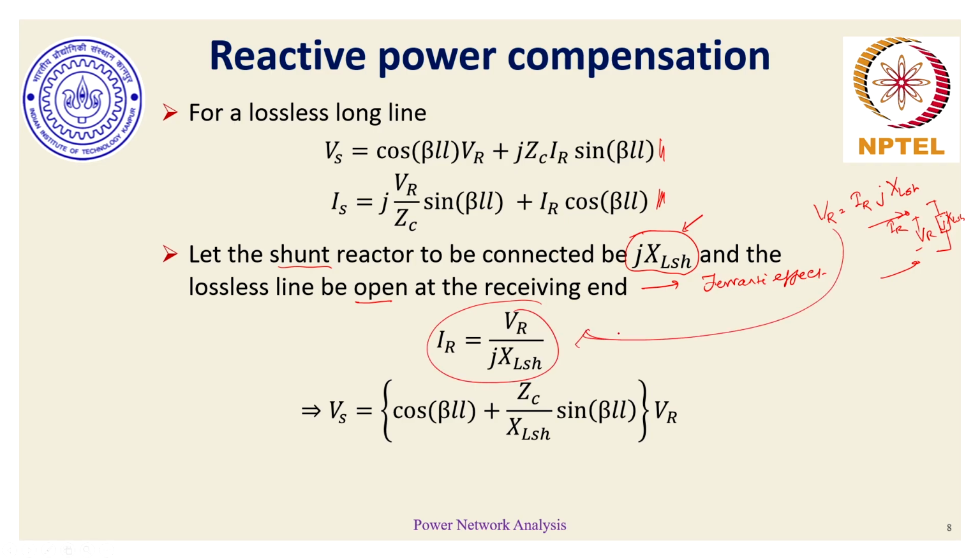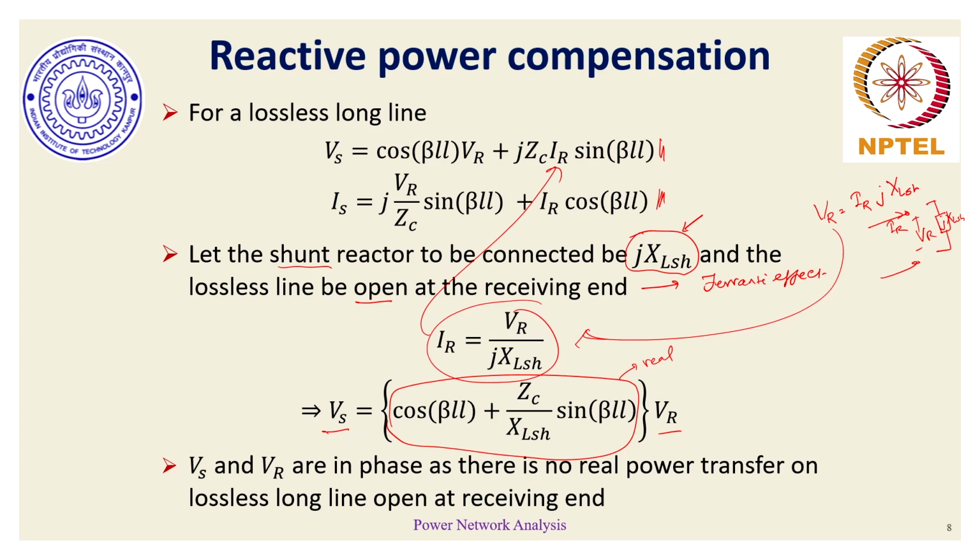If we substitute IR in the expression here, we get Vs and Vr, where the term present inside is a perfect real number. It's a scalar quantity. It has no imaginary part. So essentially, Vs and Vr are in perfect phase.